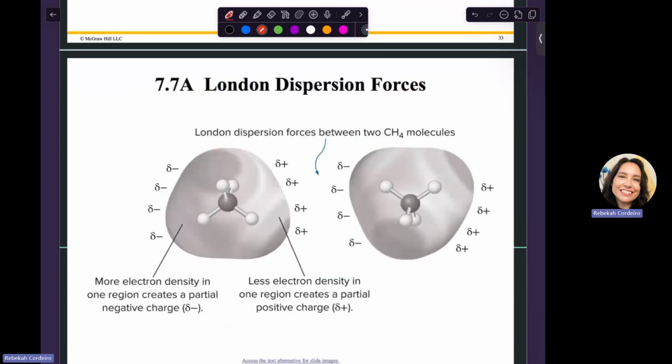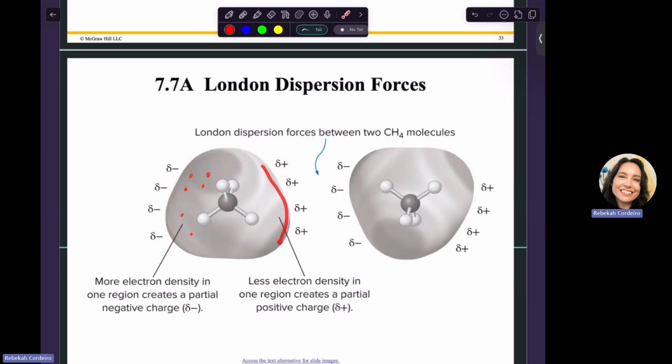So let's just say that you have a lot of electrons hanging out over here for some reason. And the electrons are constantly randomly moving around. And then that creates a negative over here and a positive over here just for a minute, because my electrons just happen to be more over here on the left side.